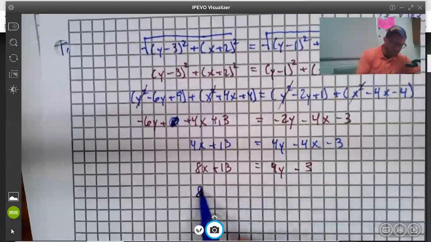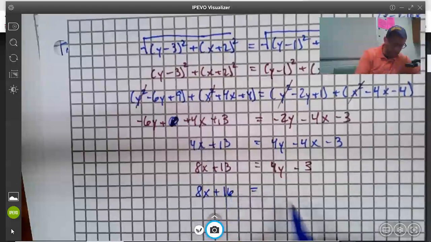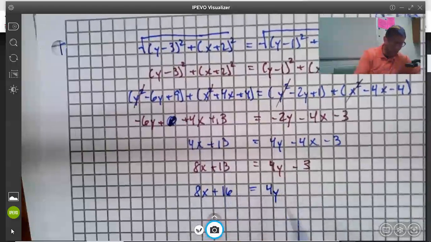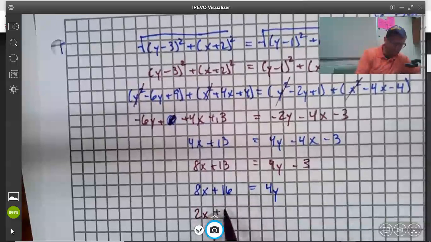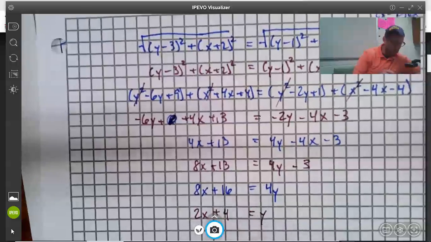So that's going to give us 8x plus 16 equals 4y. And then we're going to divide both sides by 4. So 8x divided by 4 would be 2x, and 16 divided by 4 is 4, equals y. And something's wrong here, so I have to figure that out.